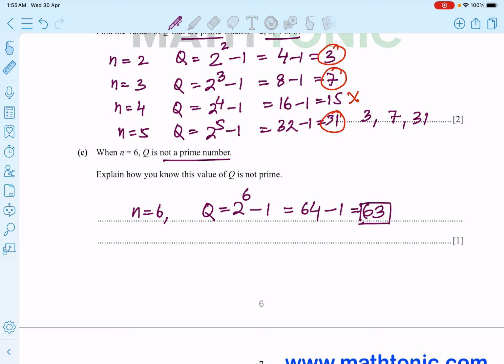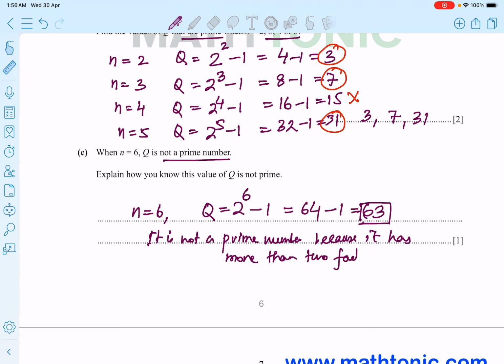Why? Because I'm writing down this one, it is not a prime number because it has more than 2 factors.